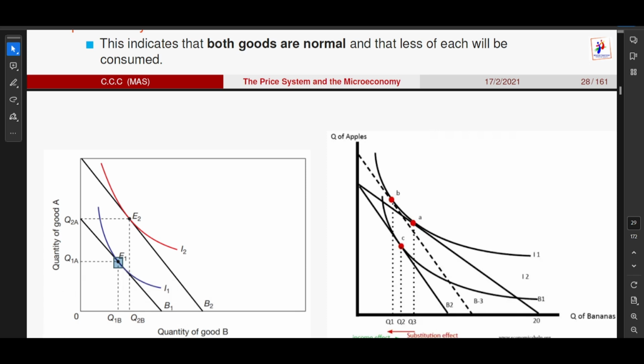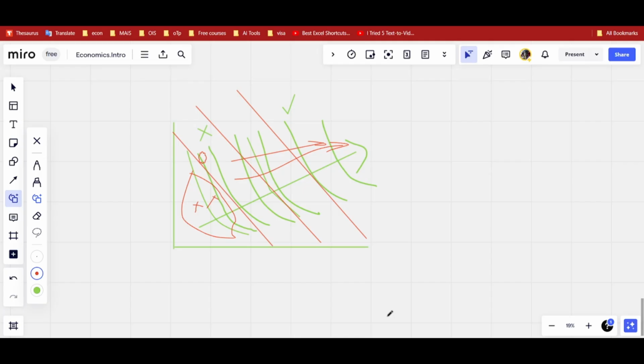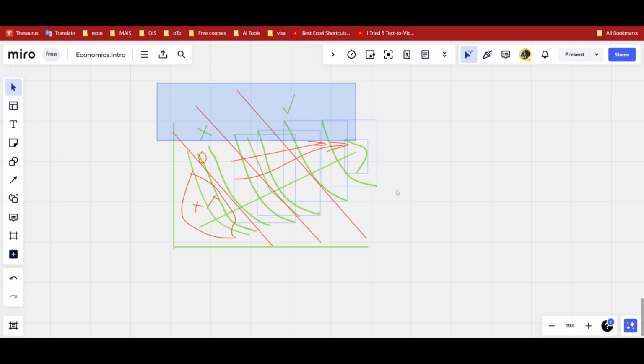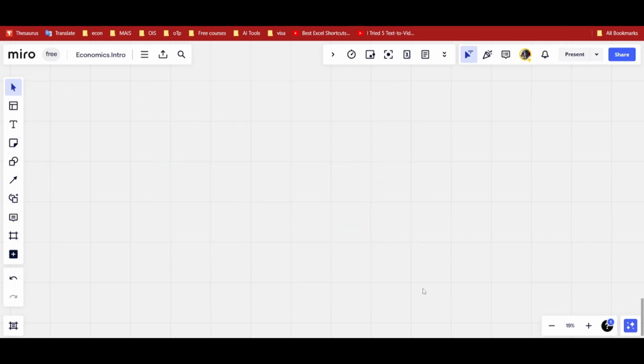So what we're saying is that you have thousands or infinite levels of indifference curves, right? But your budget, this is your budget line, constrains you.